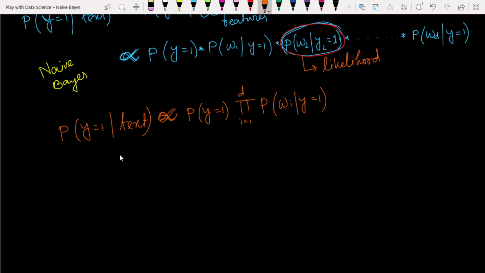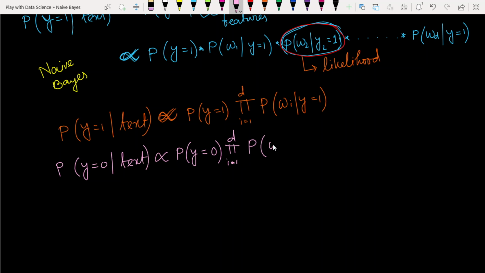This is for one class level, and we can easily calculate the same thing for the other class level. For y equals 0 and the given query text, it is proportional to the probability of y equals 0 times the product over i equals 1 to d of the probability of wi given class level 0.